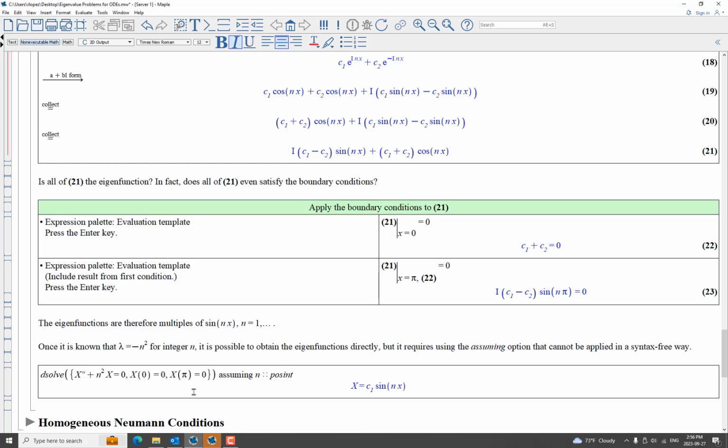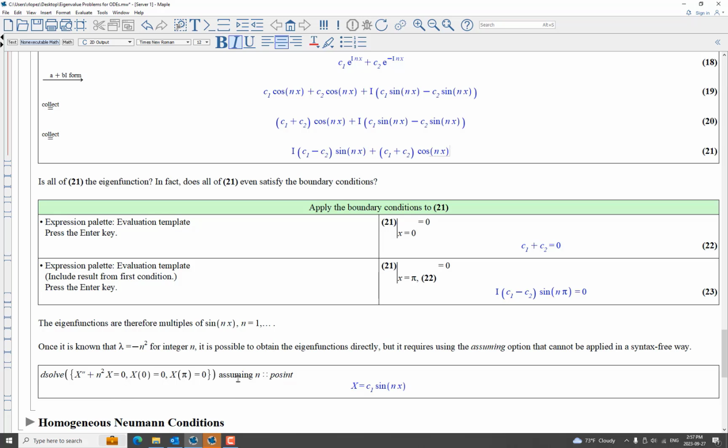And interestingly enough, now that you know what the eigenvalues are exactly, you can solve the ensuing differential equation with lambda equals minus n squared. Apply the boundary conditions, but you do need to assume n is a positive integer.